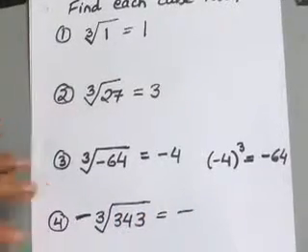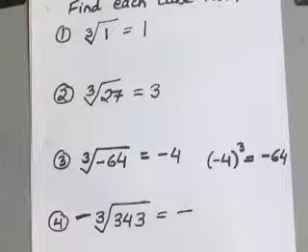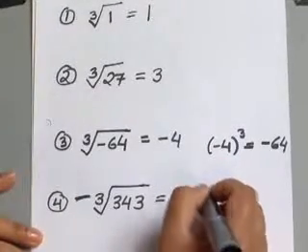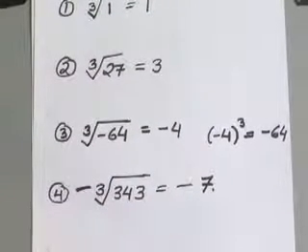And what is the cube root of 343? So what do you guys come up with? If you solve that, you will realize that the answer here will be negative 7.